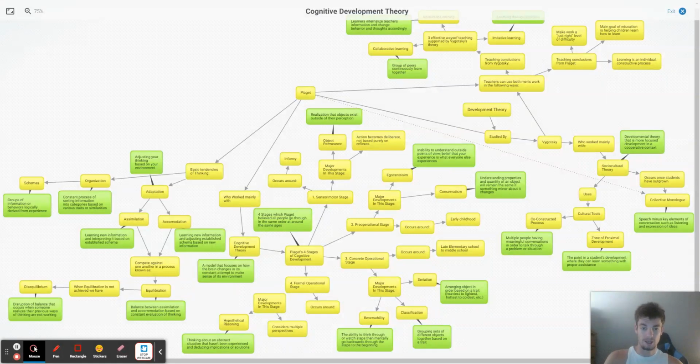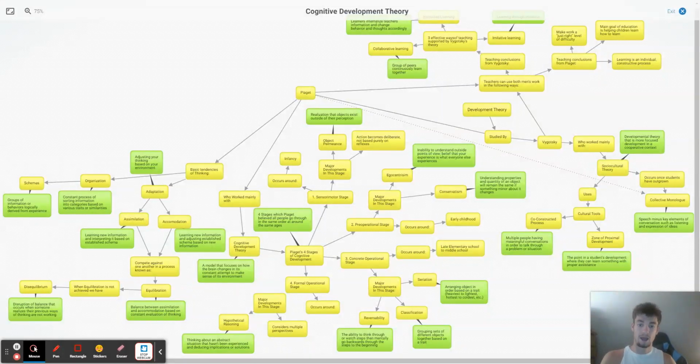Classification is sort of like seriation, just it would be grouping all of the red things together instead of heaviest to lightest. There's also reversibility, which is where they can observe a series of steps, then mentally go back step by step and see the entire process backwards.